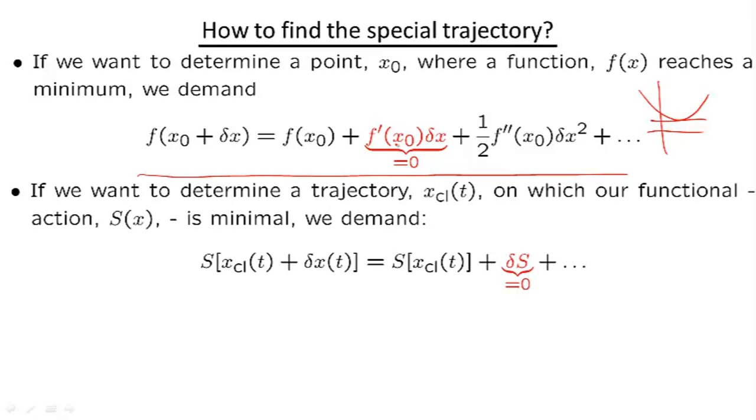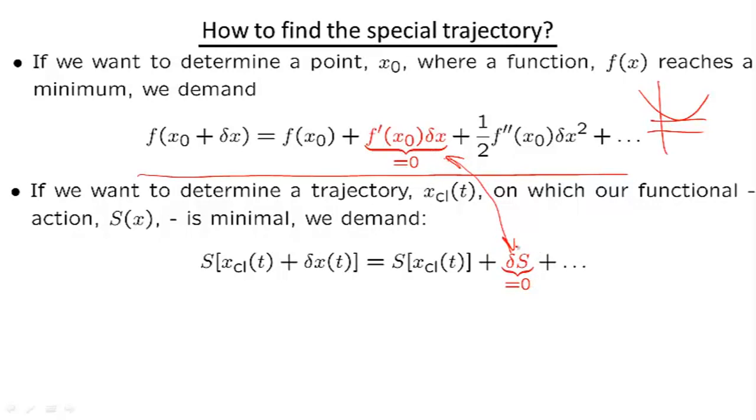Now, in analogy to this, if we have a functional, in particular our action S, then to determine a particular trajectory, which we will identify as the classical trajectory, we have to demand that if we calculate this action in the vicinity of the classical trajectory, for which the action is minimal, the first variation, the analogous part to this first derivative, is going to vanish.